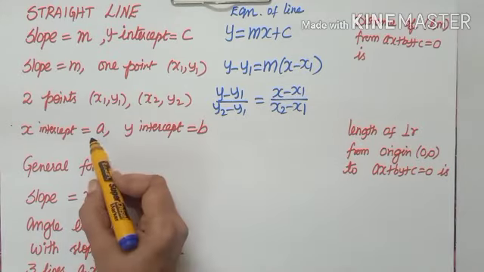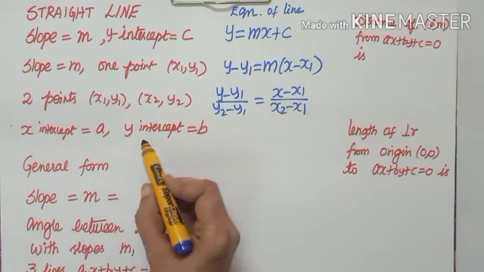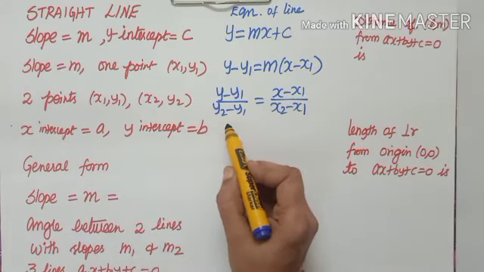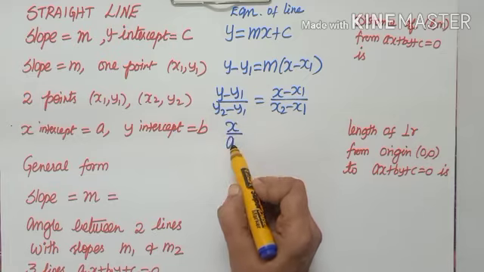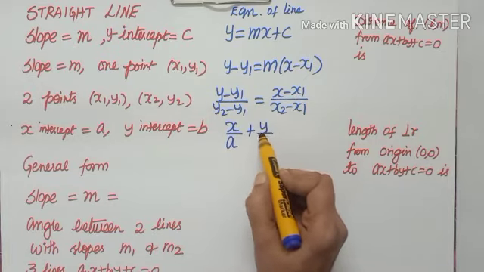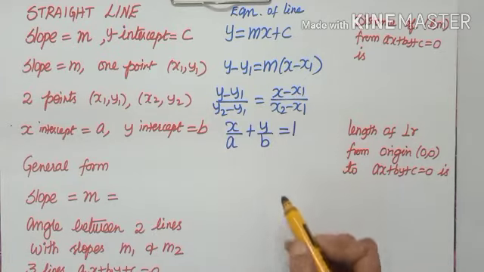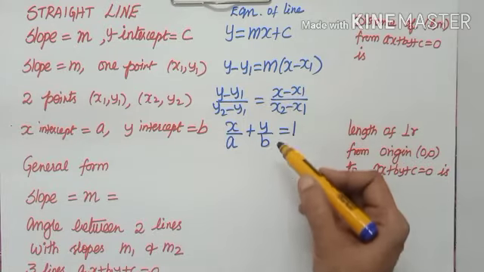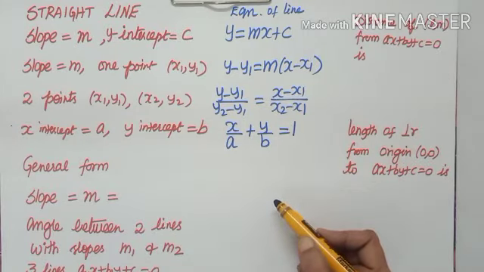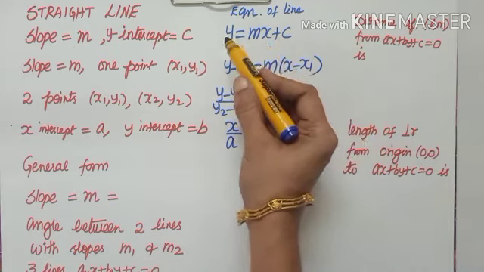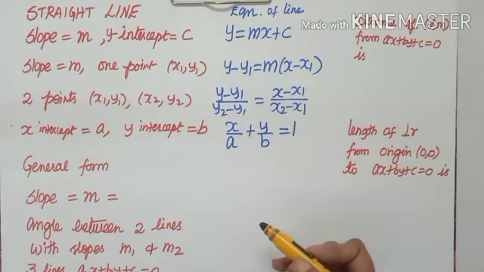When x-intercept is a and y-intercept is b, we get the equation x by a plus y by b equal to 1. In all these cases, I find an x term, y term and a constant.